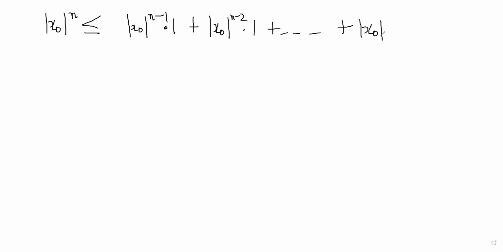So we have mod of x naught power n should be less than equal to mod x naught power n minus 1 into 1 plus mod x naught power n minus 2 into 1 and so on till mod x naught plus 1, because the mod of all the sines is less than equal to 1.